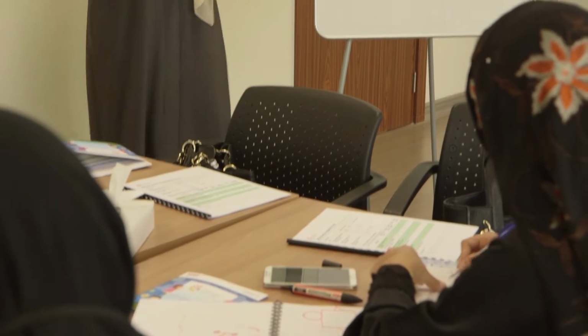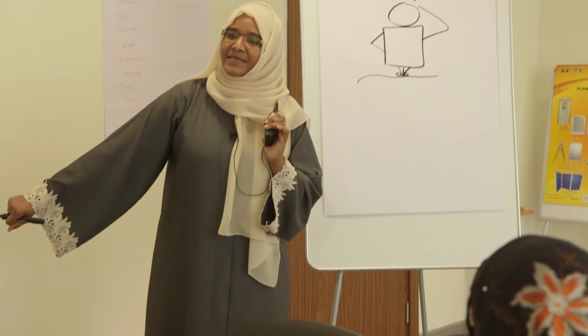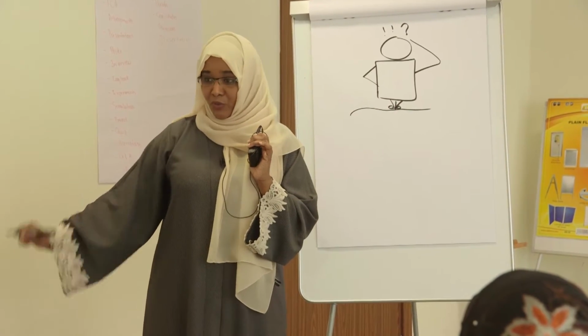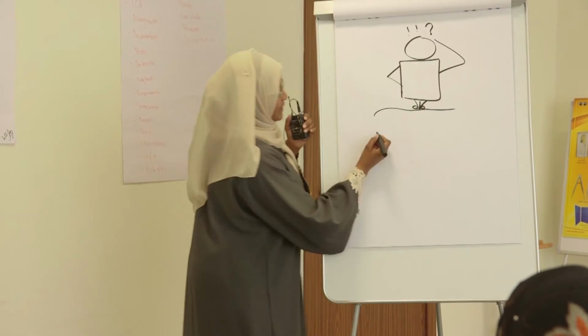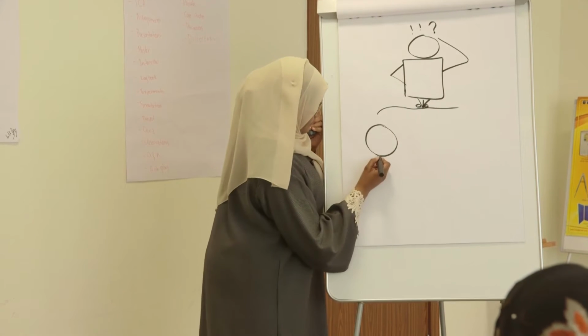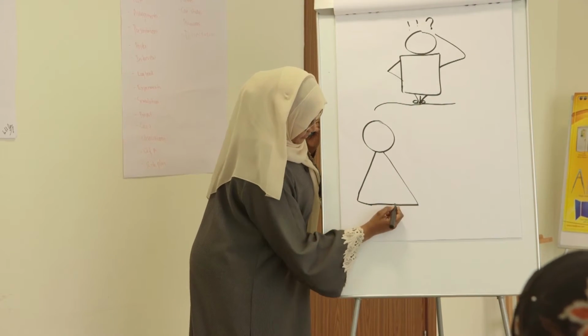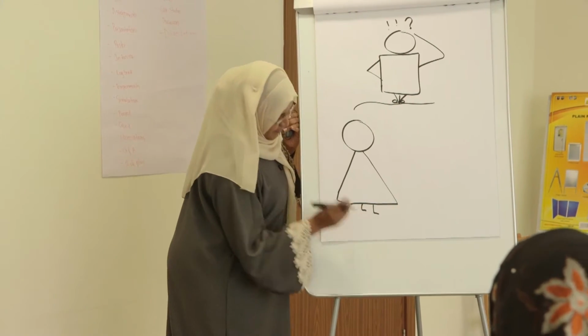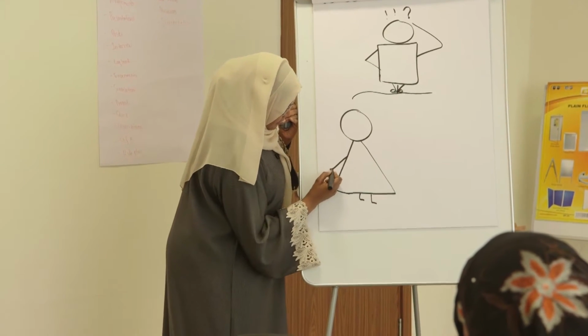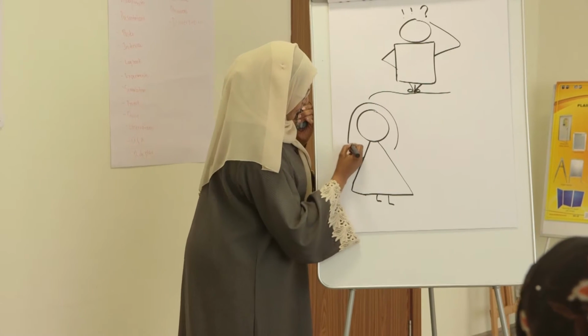Okay. The mother is walking and holding her daughter's hand. We're going to use another shape. This is the mother. Now this is the triangle. She's walking to this side. She's wearing a scarf.